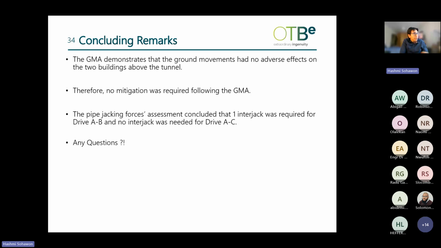Then I gave an overview of how to assess the pipe jacking forces for each drive, and we concluded that 1 interjack was required for drive AB and no interjack was needed for drive AC.